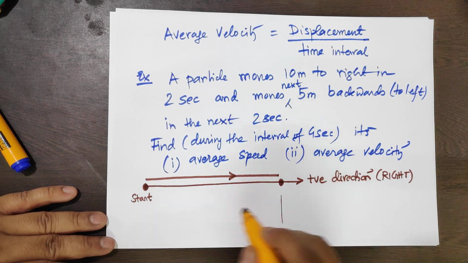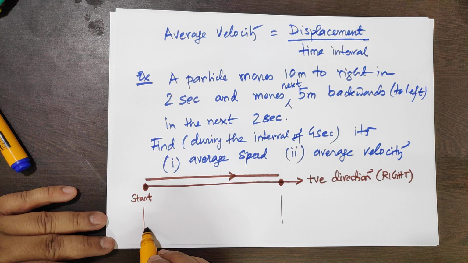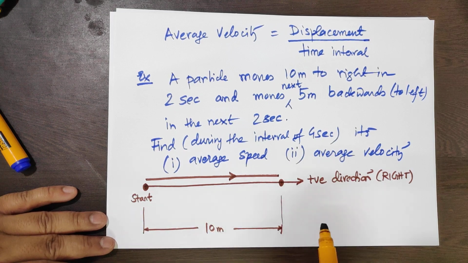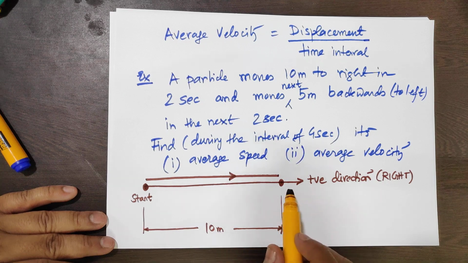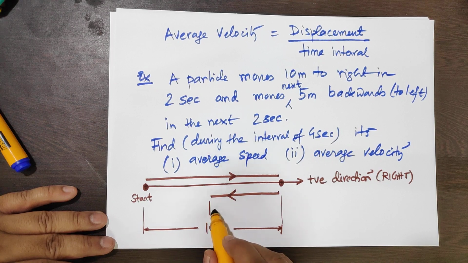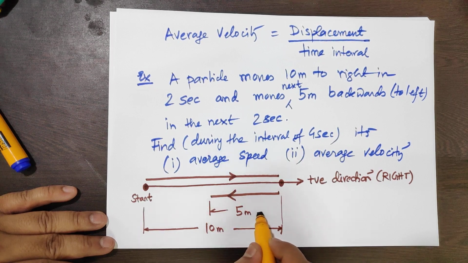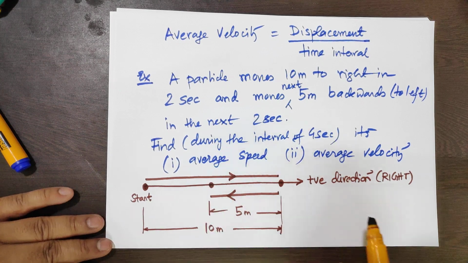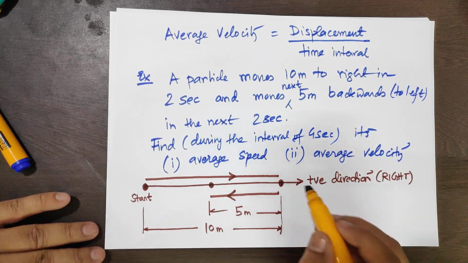So this distance is 10 meter, in 2 seconds, and from here it comes back 5 meter. So this is the final position and this is the intermediate position.